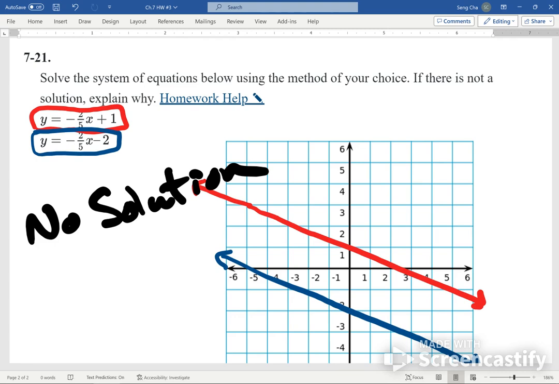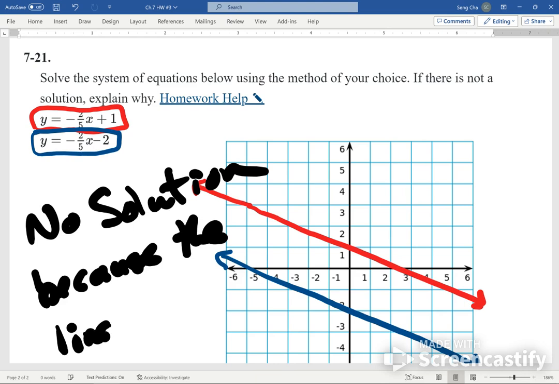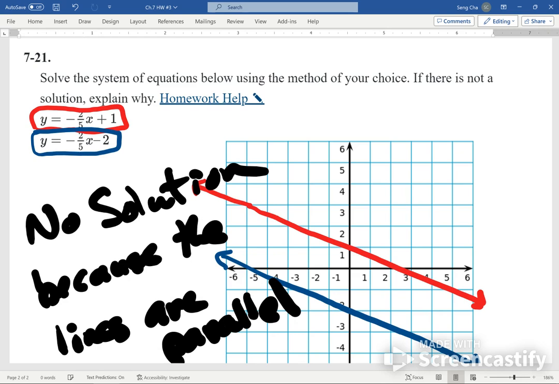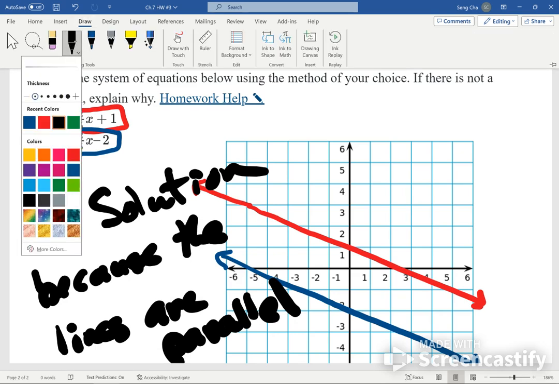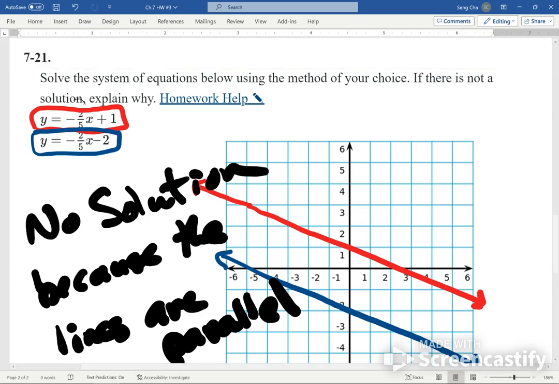Because these lines are parallel to each other. You can see that with the slope as well. If you look at the slope, they're both negative 2/5.